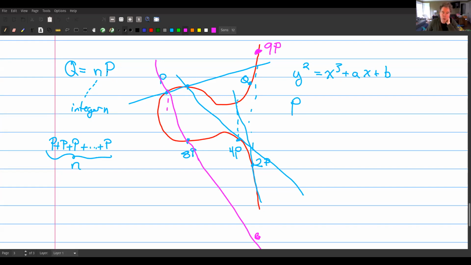So you can do N times P. In fact, the algorithm for doing this is a lot like the square and multiply algorithm, because N is going to be some god-awful huge number, like not quite as big as in RSA, but it still might be on the order of 2 to the 256 or something. So it's going to be so big that you can't actually do this number of additions.